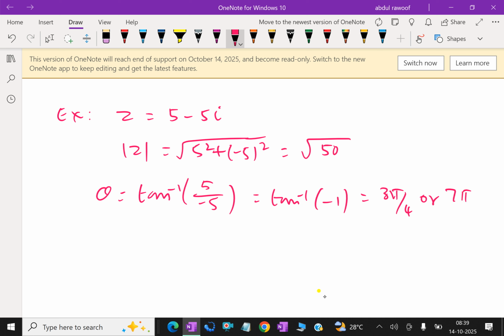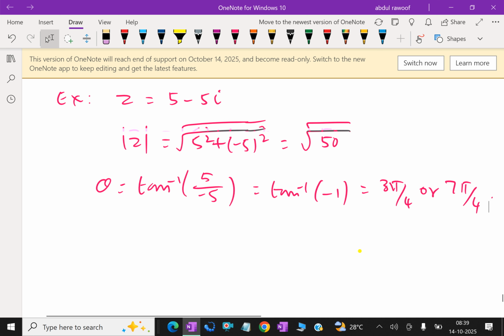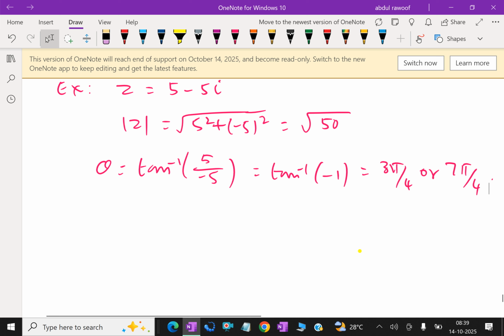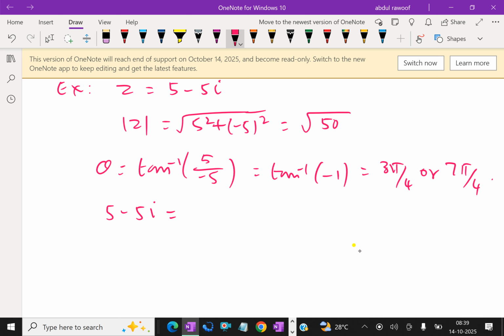These are the tan inverse of minus 1 values in terms of pi. Therefore, here we can see 5 minus 5i is equal root of 50 e power i 7 pi by 4.